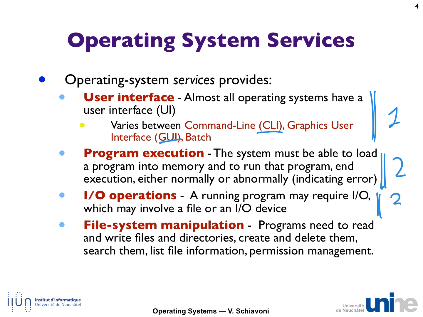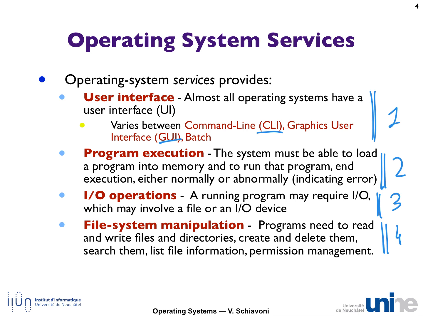The third service that an operating system provides is regarding I/O operations. And this is because, as we know by now, programs might require to do some I/O, to write data, to read data from some device. And this is a service that the OS is in charge of. And the fourth service is regarding file system manipulation.